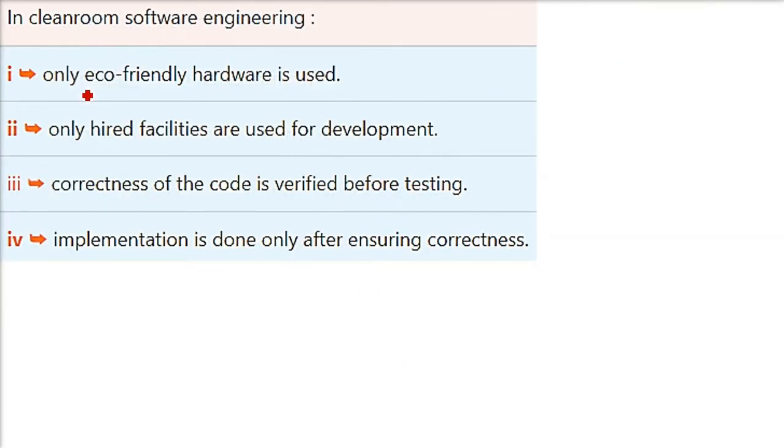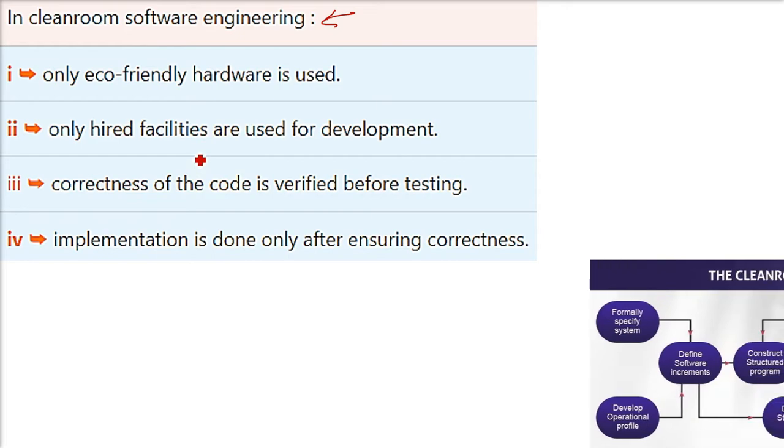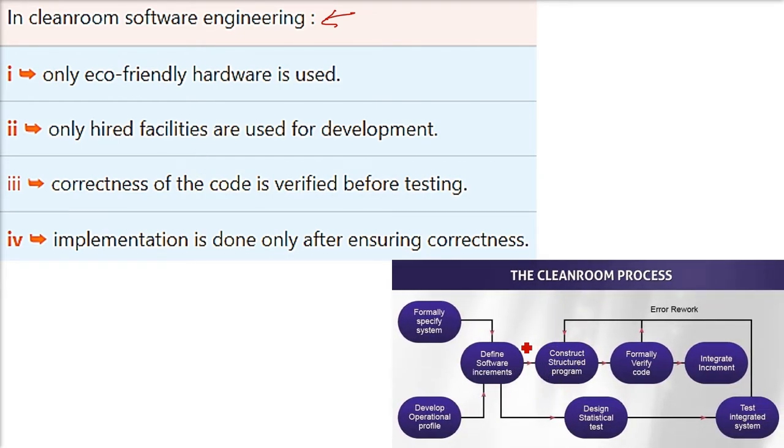In clean room software engineering, I told you about this in the previous question. So only eco-friendly, no. Only high-end facilities, no. Correctness of the code is verified before testing, yes. Implementation is done only after ensuring correctness, yes. But in the third and fourth, what is the correct answer? In clean room software process engineering, we make the SRS so that it is unambiguous, it has no anomaly.